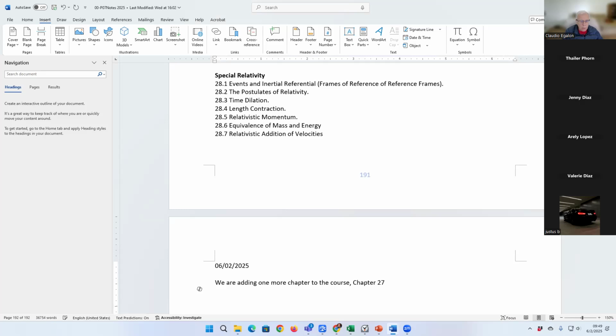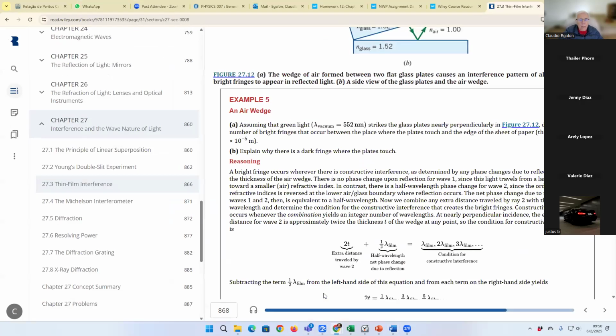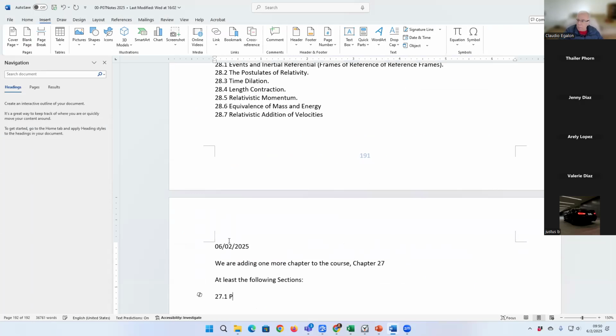We are going to cover at least the following sections: 27.1, the principle of linear superposition.